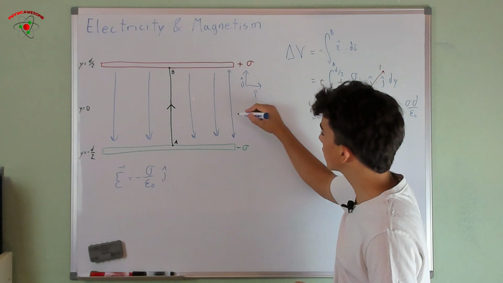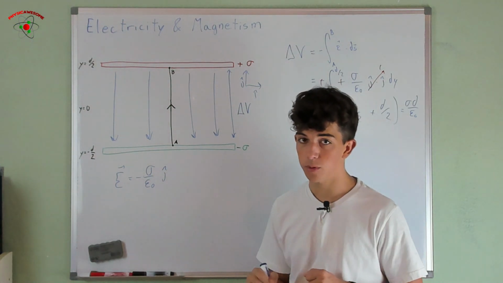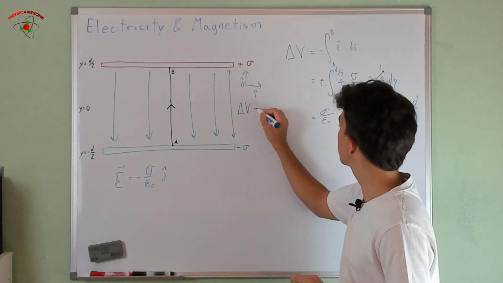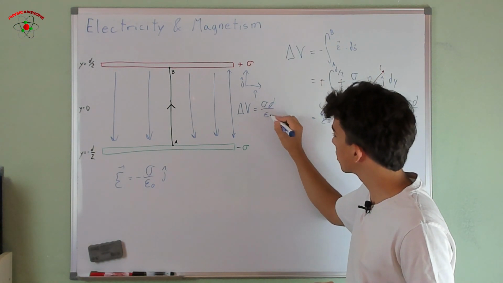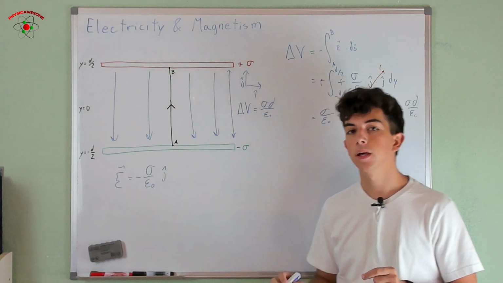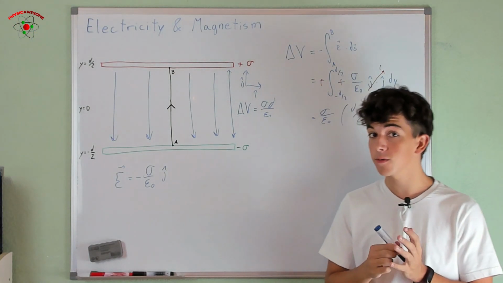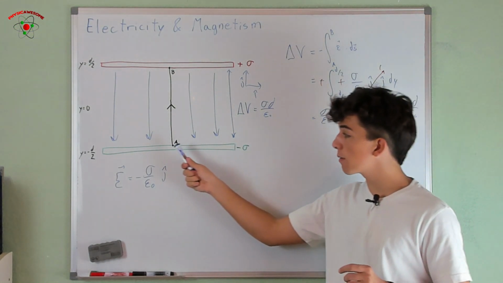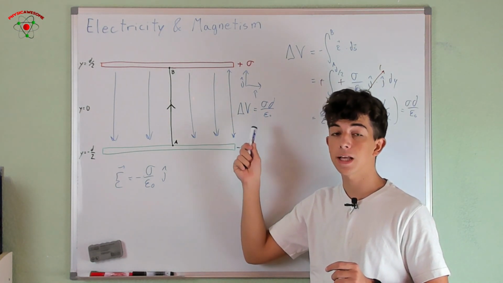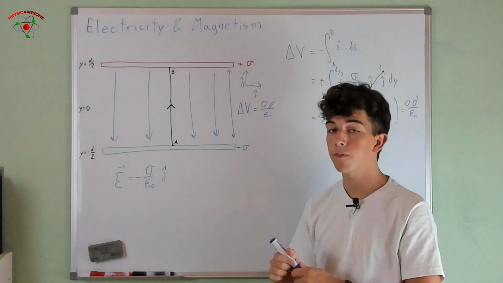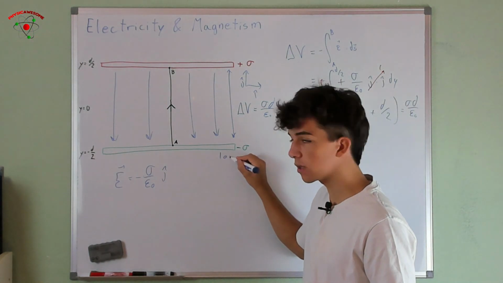So what we see over here is that the change in electric potential is equal to sigma d over epsilon naught. And what we see really is that by going from here to here, the electric potential has risen. Therefore, this is at a lower potential.